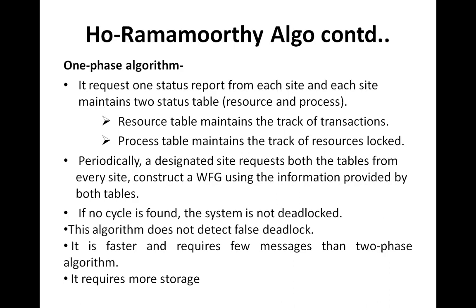If there is any transaction represented in the process table, it checks whether the corresponding entry is available in the resource table or not. Then it searches the wait-for graph for a cycle. If no cycle is found, the system is not deadlocked. If a cycle is found, there is a deadlock.